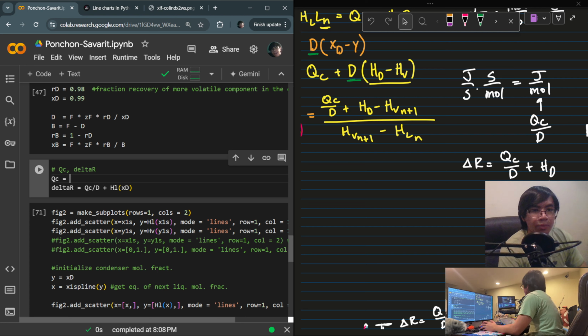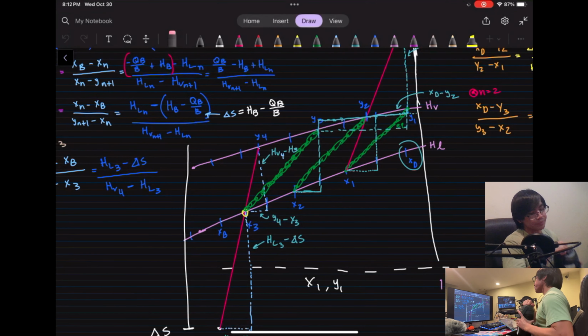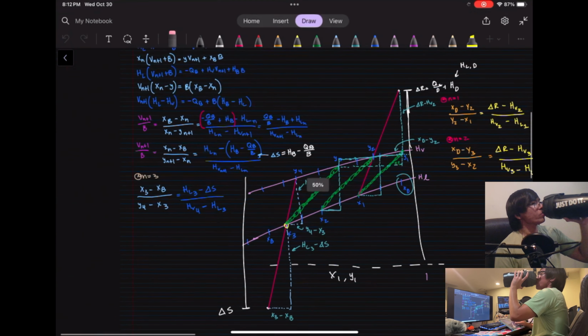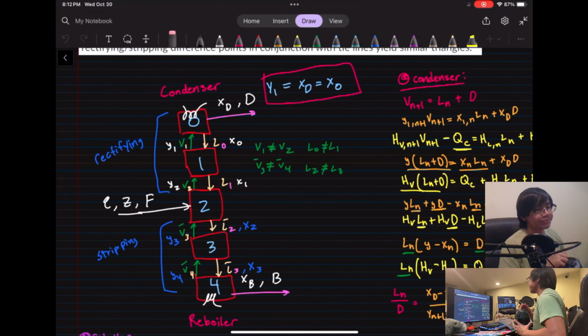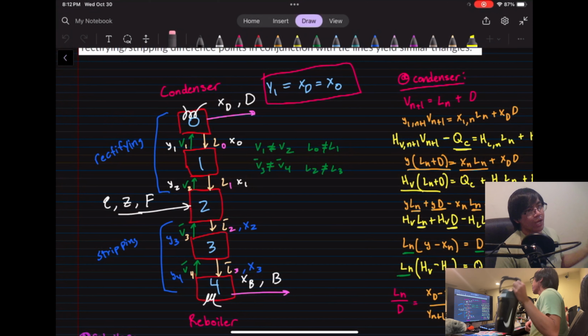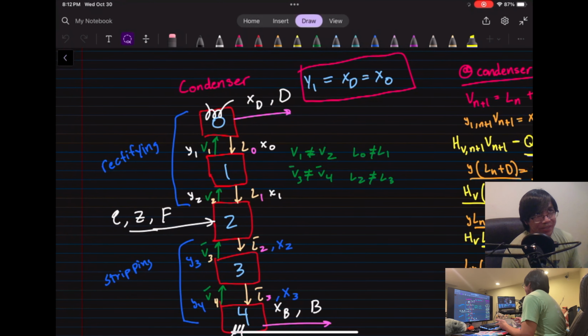Let's talk about this. Looking at our condenser, how do we know how much condensing power we need? This is a total condenser, meaning that all the vapor coming up must equal the moles coming out. So we need the enthalpy of condensation.